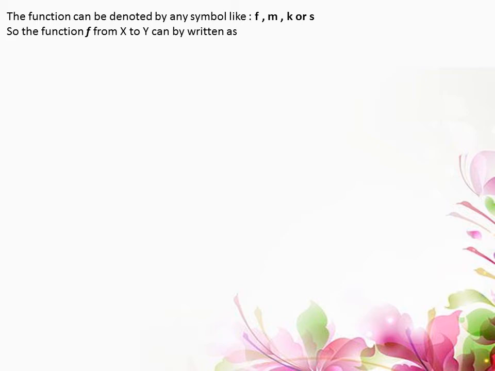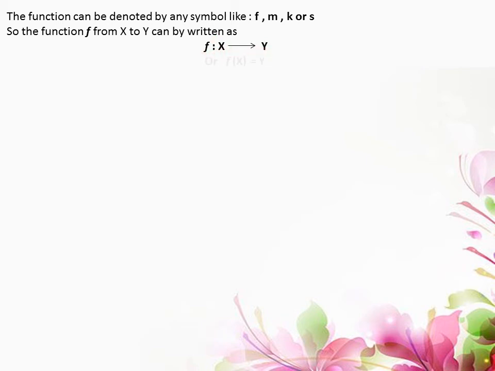So we can express the function F from X to Y by the following form, like this: F : X → Y. It means F from X to Y, the two dots mean from, the arrow means to, a function between X and Y, a relation between X and Y.